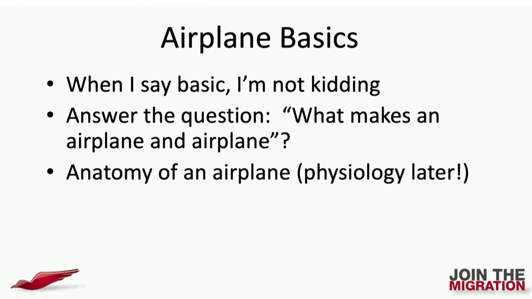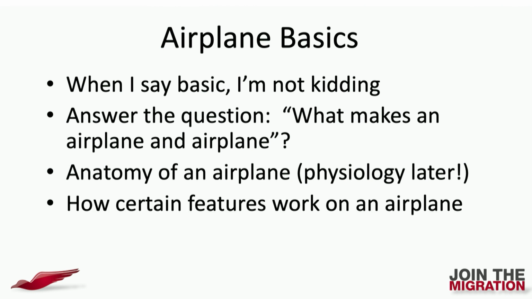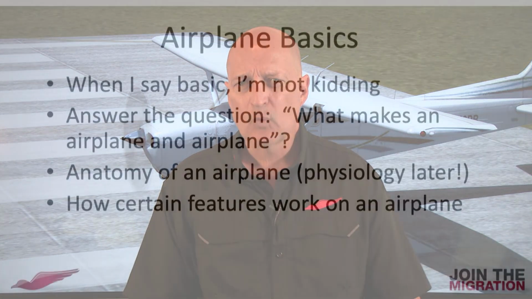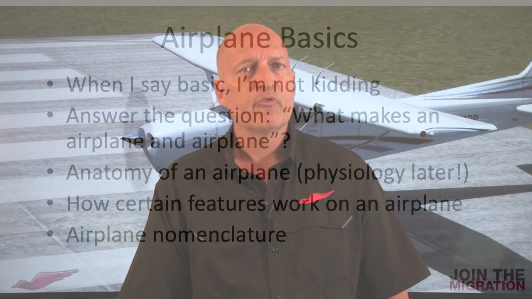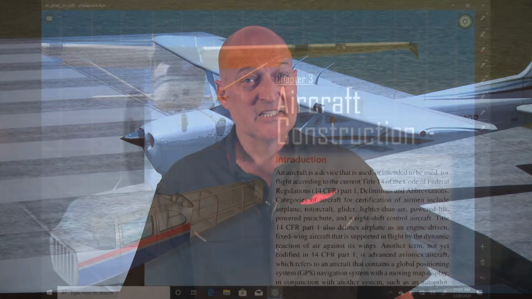Then we're going to talk about how certain features of this airplane work. We'll identify some of the features of the aircraft, and then we'll discuss the basics about how those things work. And lastly, we'll begin working with airplane nomenclature. Nomenclature, of course, is a fancy word for word. You're welcome, America. So with that, let's get kicking.